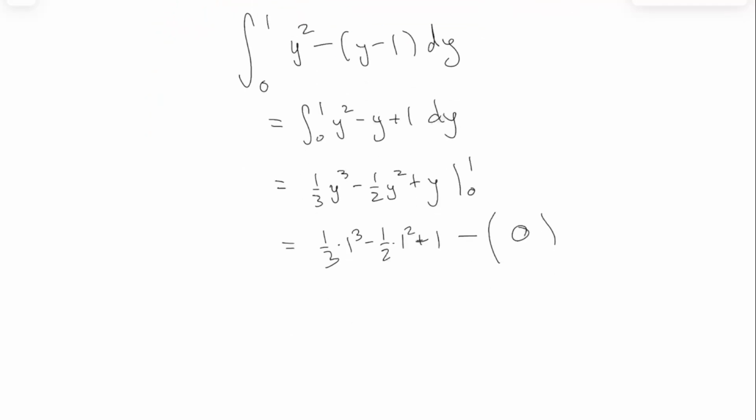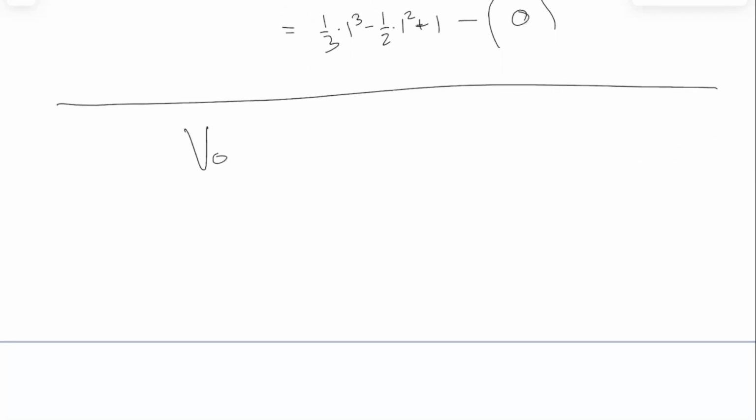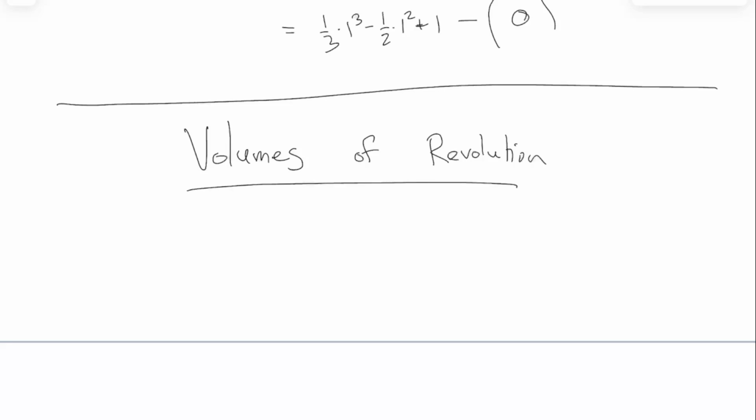The next thing on our big list of topics is using the area to find volumes. In particular, this is what they call volumes of revolution, which I've always thought is sort of a silly name, but I suppose it kind of makes sense.